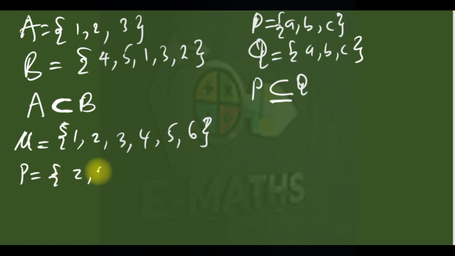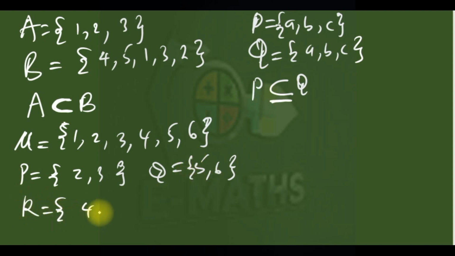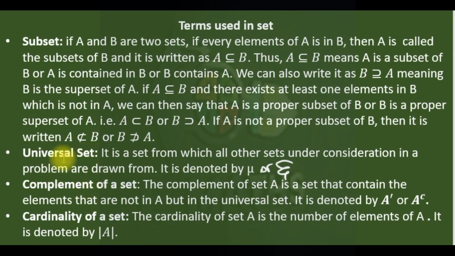Maybe P is 2, 3, another set Q is 5, 6, and maybe another set R is 4, 5, 6. So you notice that all these sets, P, Q, and R, are gotten from this set. So this is called the universal set. So that's the meaning of universal set.